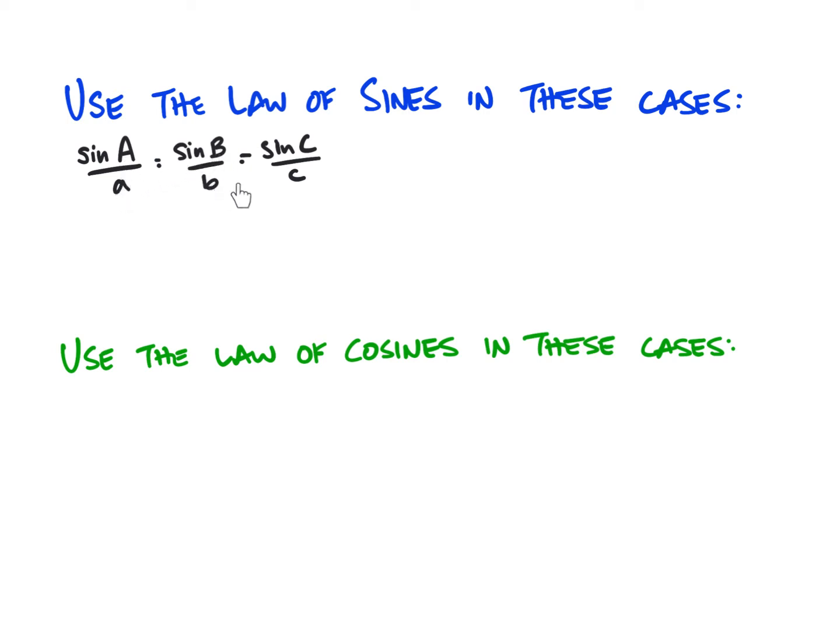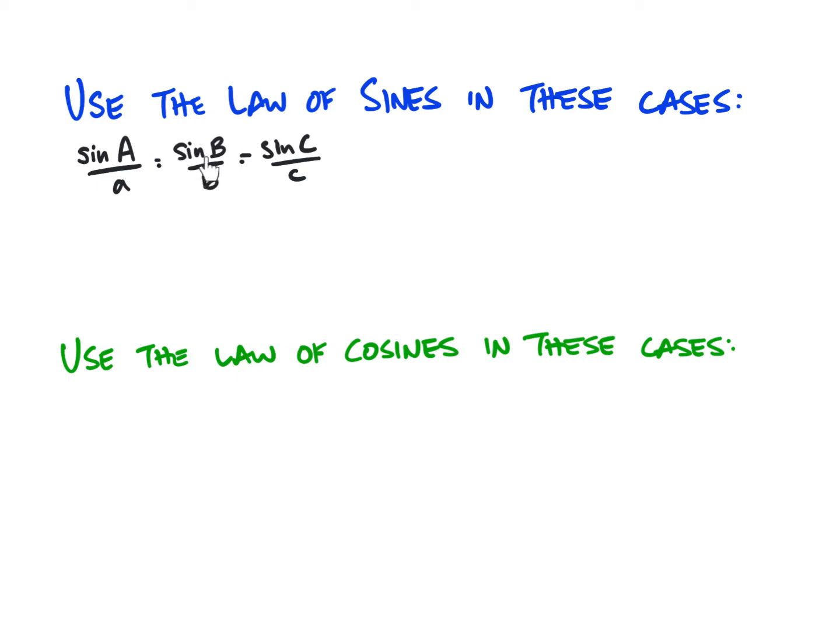So for instance, we would have an angle measure there, a side length there, and a side length there, and we would be able to find the measure of angle A. As long as we have two ratios where three of the four measurements are known, that's when we can use the law of sines. Well, we can boil that down further.